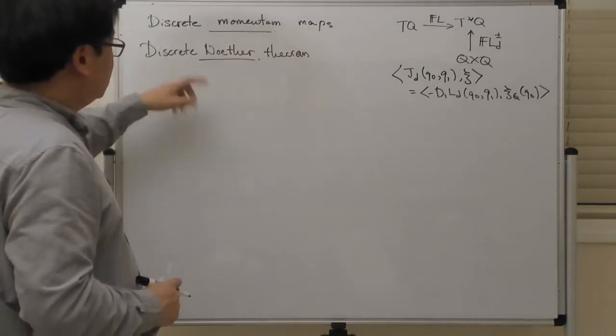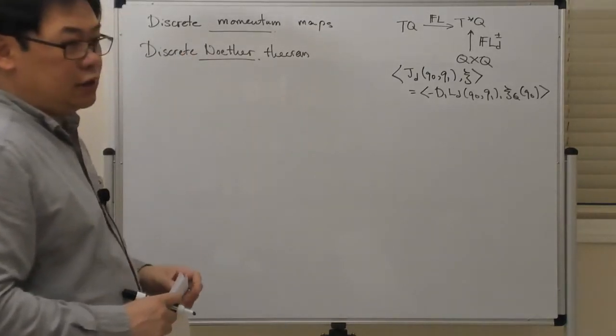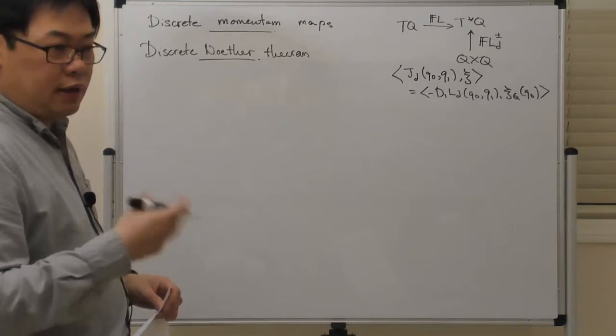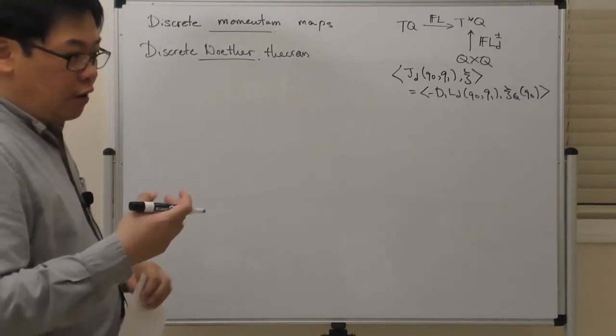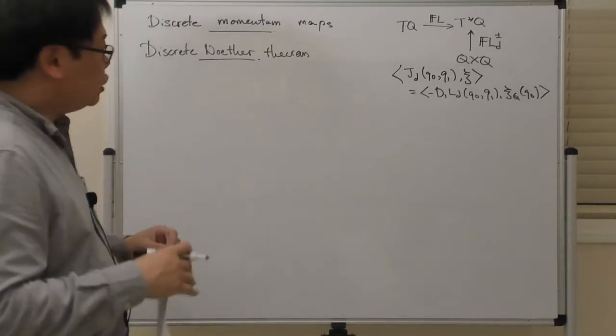So in the statement of the discrete Noether theorem, you might expect that what you need to talk about is what the notion of invariant under the lifted action should be.